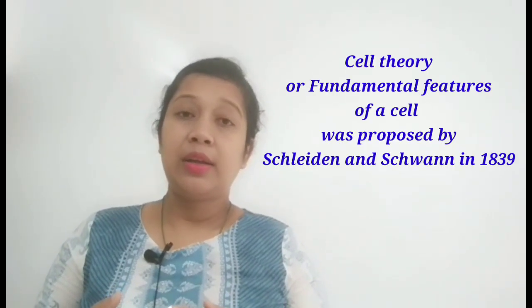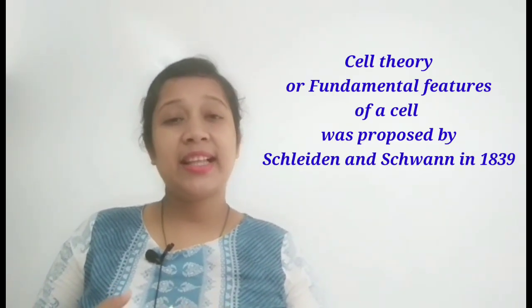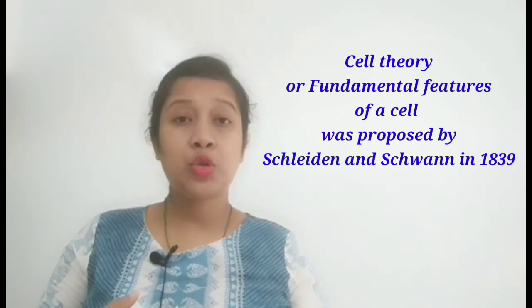Now, the basic characteristics called the cell theory were proposed by two scientists, M.J. Schleiden and Theodor Schwann.